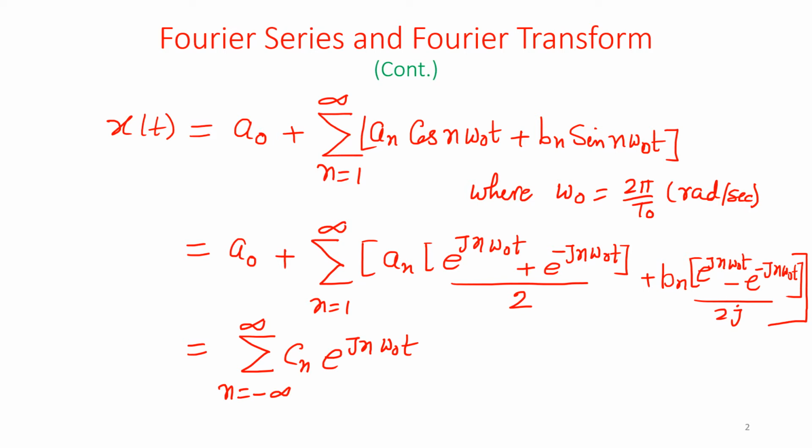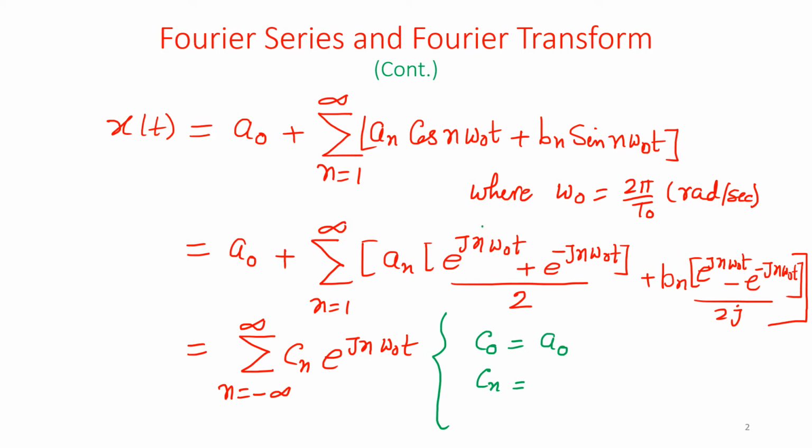Now here you see we can relate between this Cn and An or Bn, all those things. So you see when n equals 0, that is the DC term here. So C0 is the same as A0, and for Cn, the rest, e to the power j n omega naught t will be there.